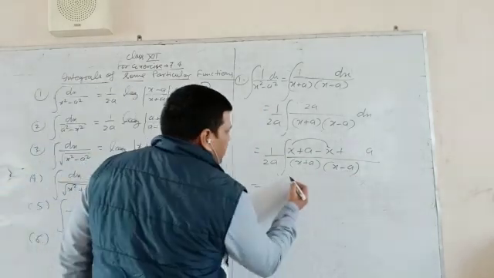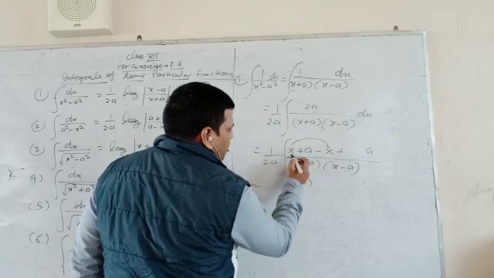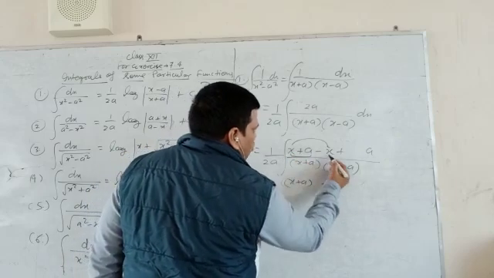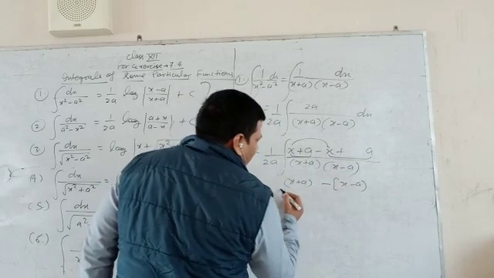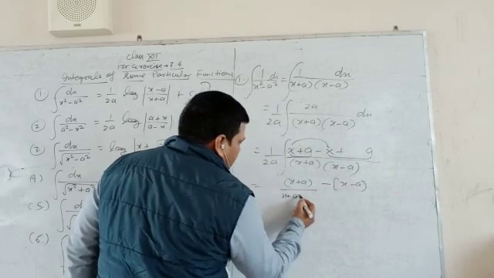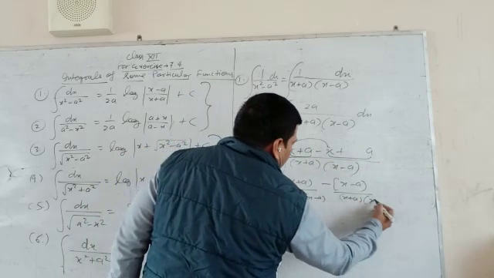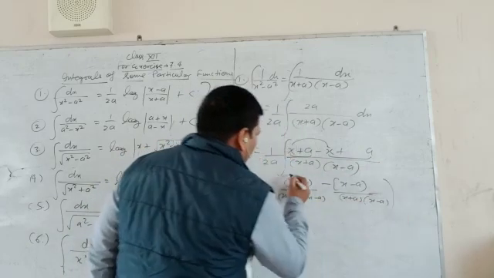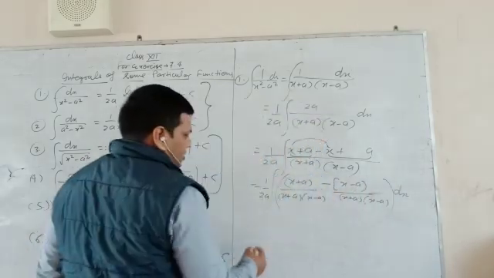Again, we can take x plus a as a group, and minus common between these two, we get x minus a, and we can write this separately as x plus a and x minus a. Then this is 1 upon 2a dx.